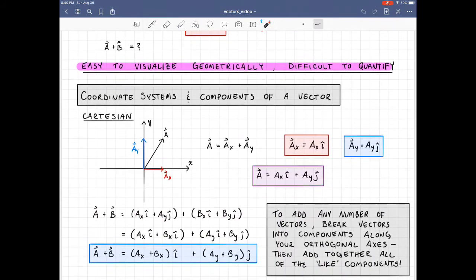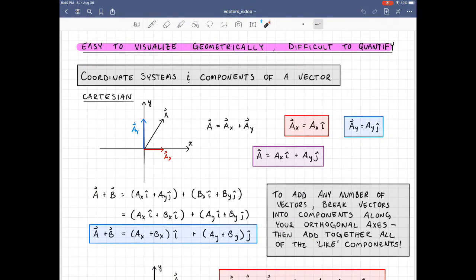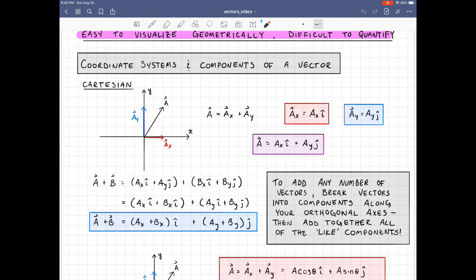And so one approach that we're going to adopt that makes it much simpler is to adopt a coordinate system and work with components of a vector. We're going to work primarily this semester in the Cartesian coordinate system, which you will definitely recognize as our typical XY coordinate system.